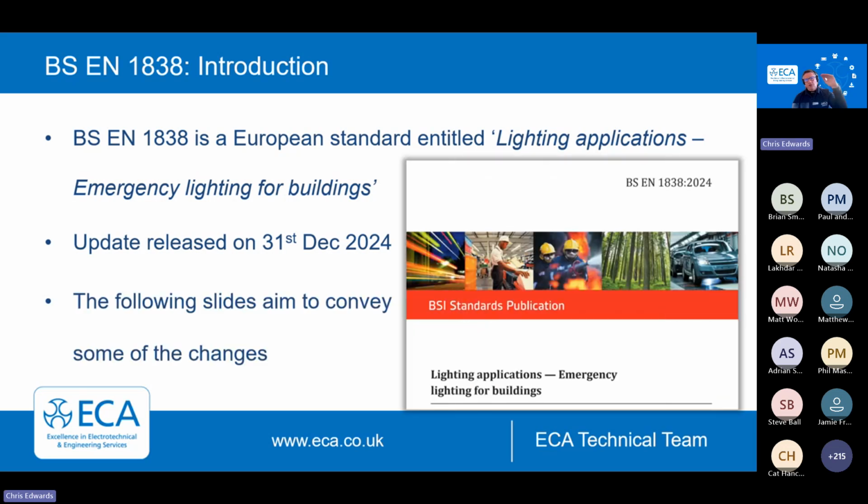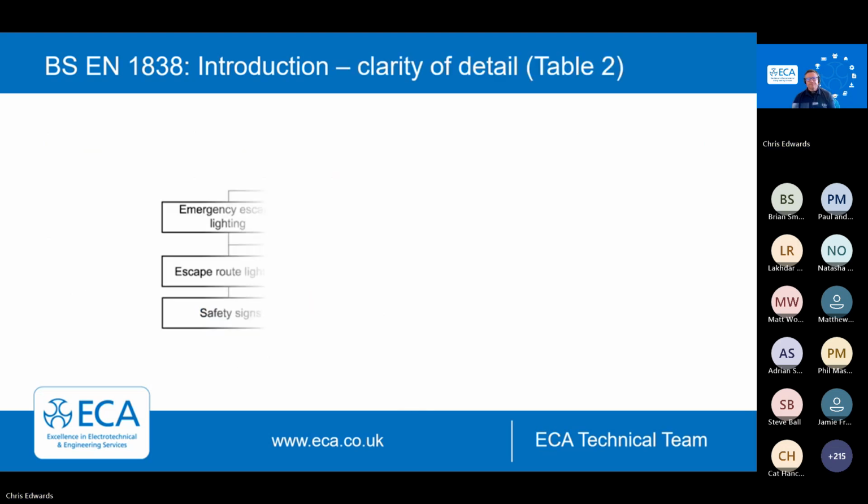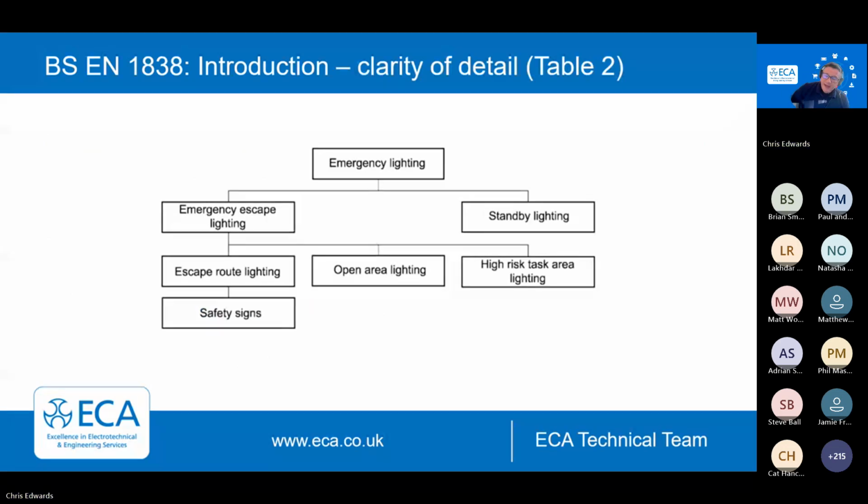And I'm going to try and hit on the pertinent changes or signpost you where you can find the detail. Now, if I could give you a visual demonstration of the overall changes throughout all of these documents and really the intent behind these changes, it would be this.